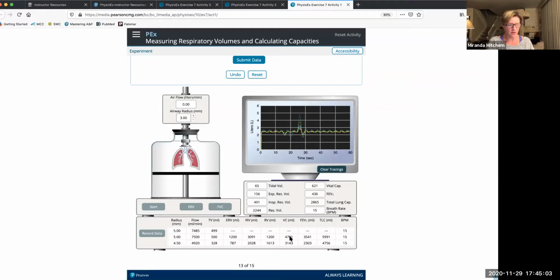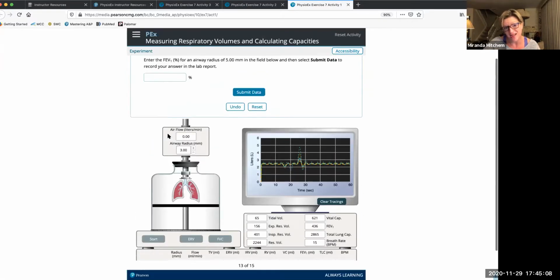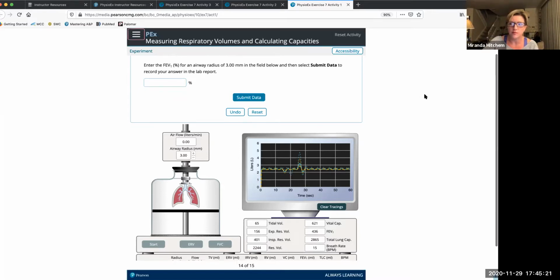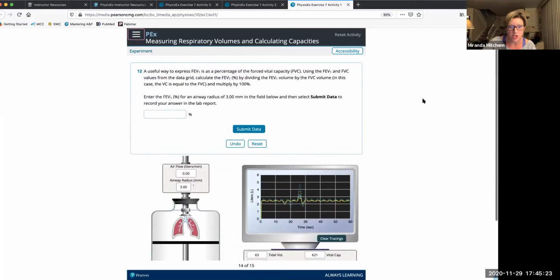And we'll multiply that by 100, and that gets us to 73.9%. So it is reduced. 73.9. So that would indicate that there's restrictive disease since they're changing.